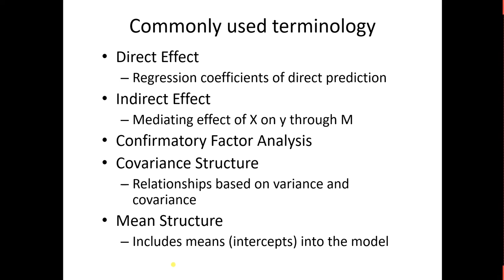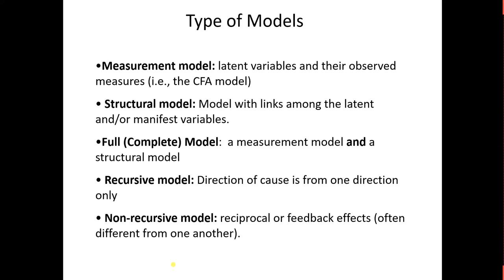Now, the models may be of different types. The confirmatory factor analysis model is generally called a measurement model, in which the latent variables are linked with observed variables, and latent variables are assumed to cause variation in the observed variables. This type of measurement model is called a reflective factor structure model.